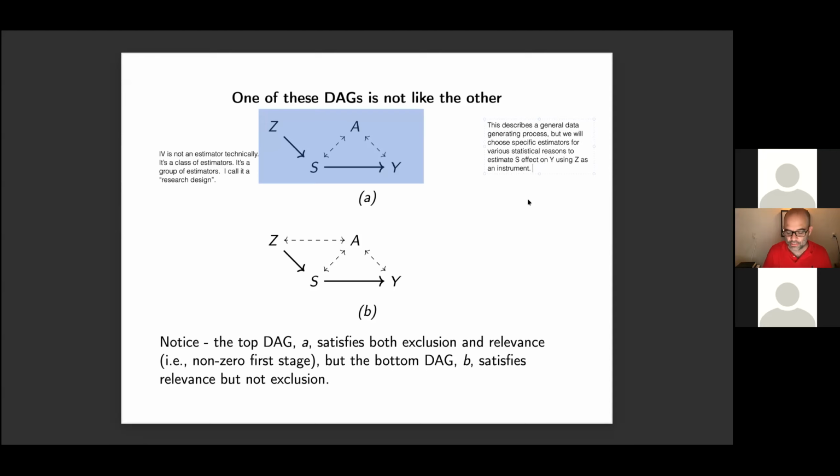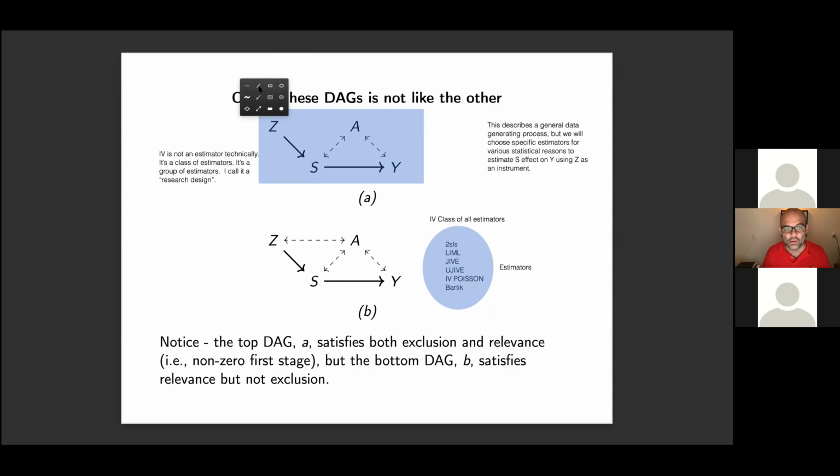So for instance, there's two-stage least squares, LIML, JIVE, UJIVE, IV Poisson. There's a lot, right? There are all these different IV estimators. These are the estimators, but this is the class. This is the IV class of all estimators.